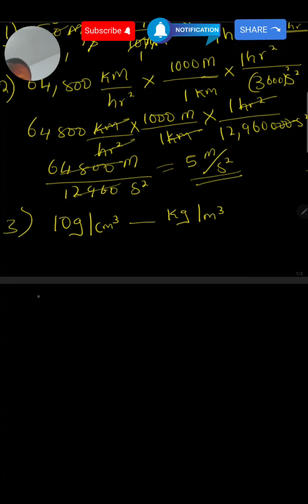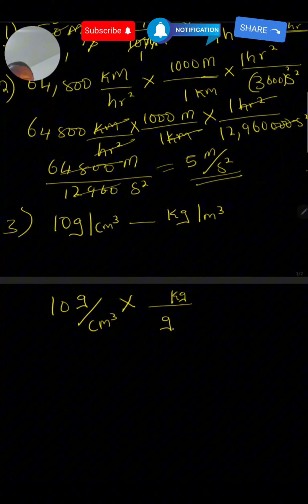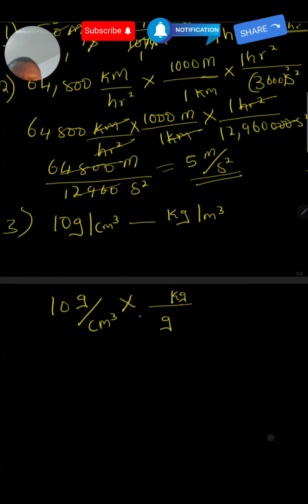Now we write it as we normally do, as usual. 10 gram per cm cube, multiply. We want to change gram to kilogram. Because gram is at the top, we put gram down and put kilogram up. So we now ask ourselves, what is the relationship between grams and kilogram? We know that 1000 gram makes 1 kilogram. That is the relationship.